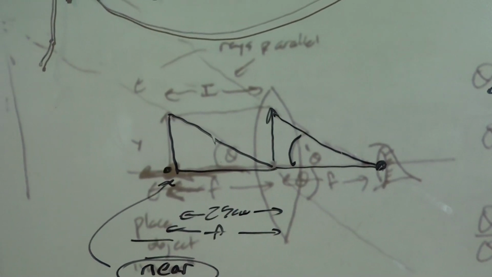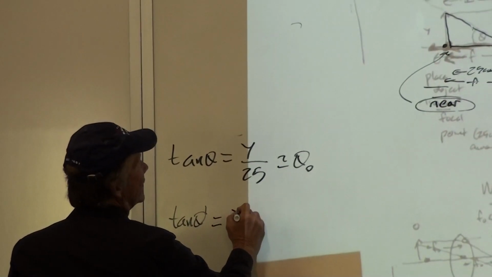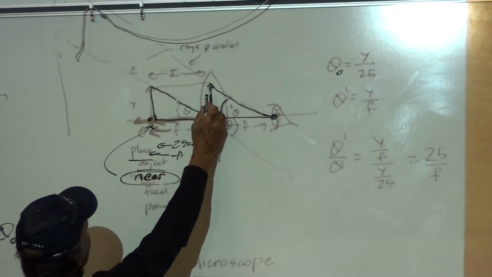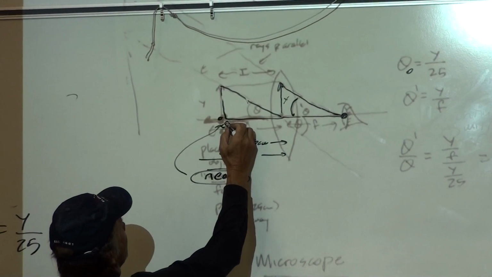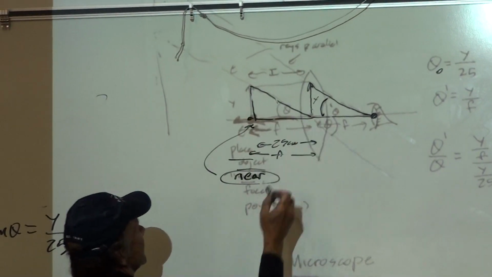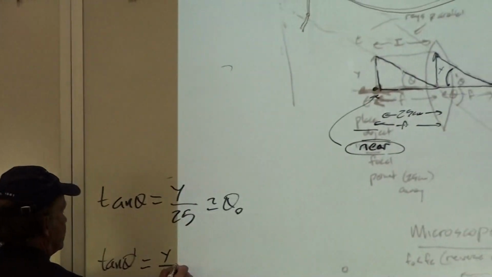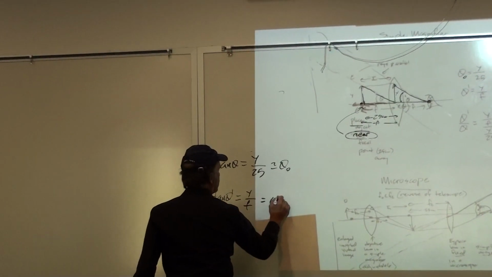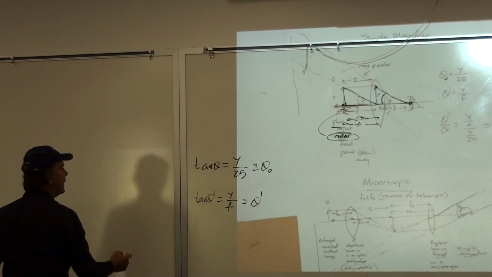So you can say theta prime is equal to that same y value, because I'm just taking this, and this is a line that's parallel to the axis. So this is still y, even though it's not the source of the light. It still has that height y divided by f. And so that I'll call theta prime. So what we get then for, and this is called a simple magnifier.